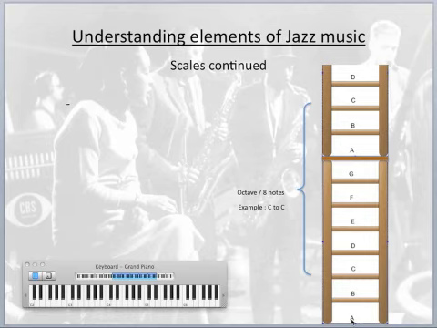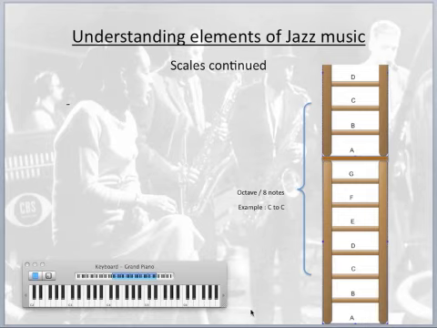We use the letters A through G. So right here, as we go up our rungs, the ladder here, A, B, C, D, E, F, G. If we were to apply that to the keyboard, A, B, C, D, E, F, G. Notice we only have 7 different letters that we can choose from. So we're going to have to repeat, because we have more than 7 notes on the piano.